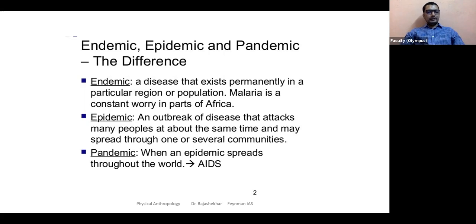So malaria is an endemic problem to these regions of Africa. It means endo is localized: it is more or less restricted to a given region, or a small area in a given country, a well-defined region. In other words, it is permanently seen in that region, like malaria being very common in some African countries.